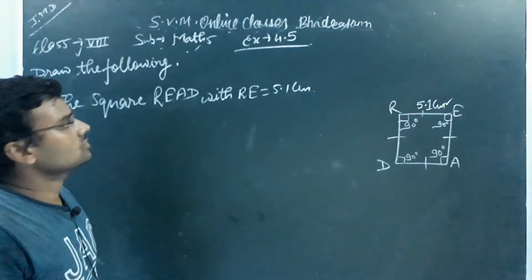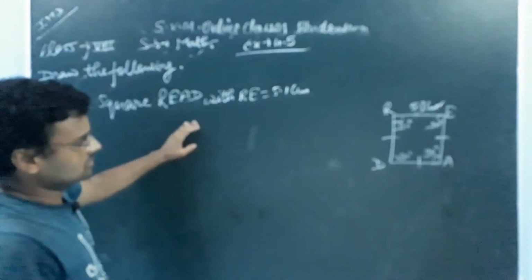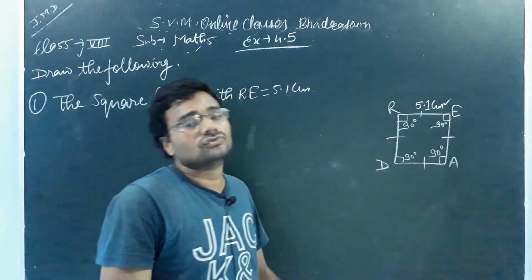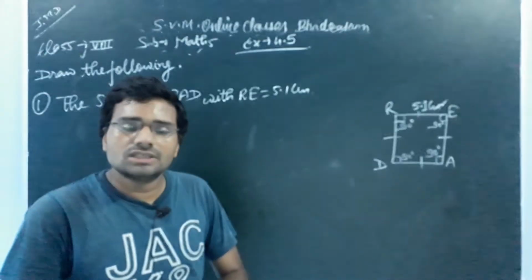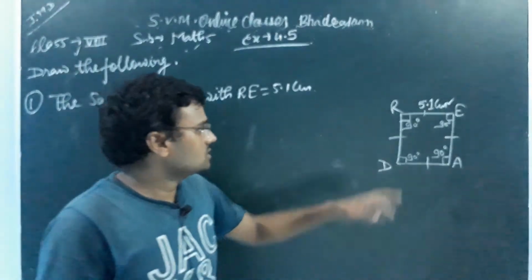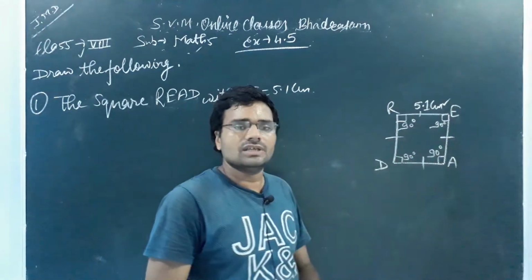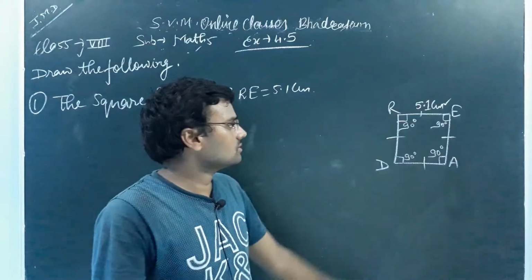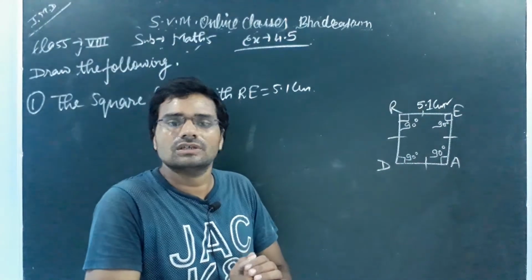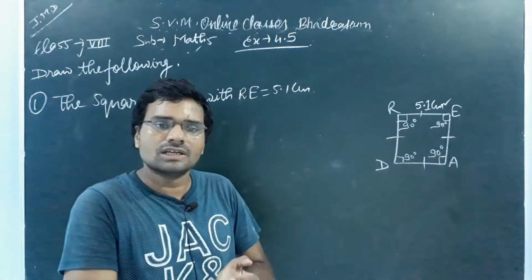Okay, so first, in this question no condition is given of which side we should draw first. We can take any side of this square for drawing first. Because all are equal, no problem.